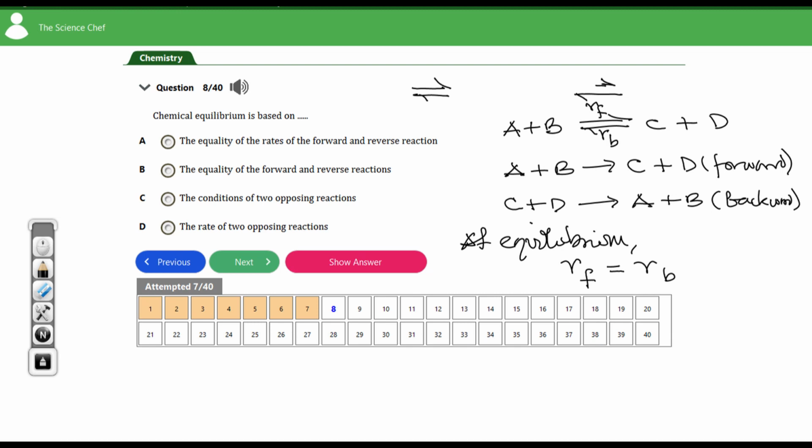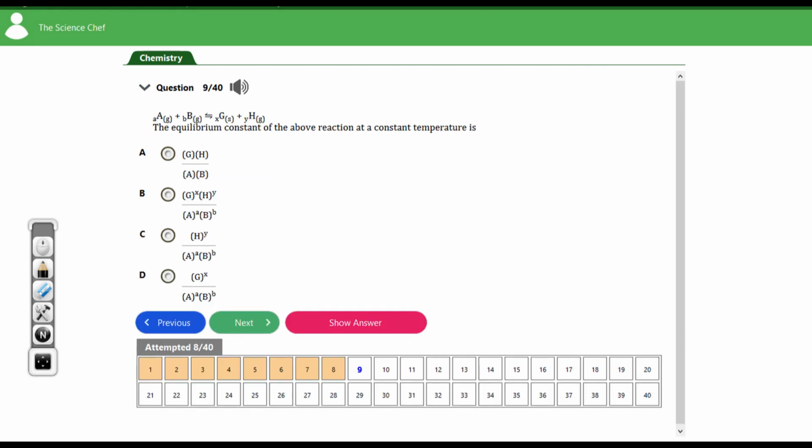Yes, the reactions may be opposing, but their rates may not be equal. So as far as the rates are not equal, the system has not attained chemical equilibrium yet, right? So for that system to attain a chemical equilibrium, the rates of the forward and backward reactions must be equal. And the correct answer to this question is A.